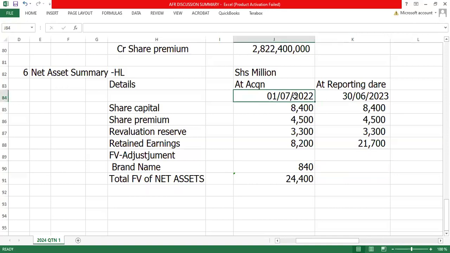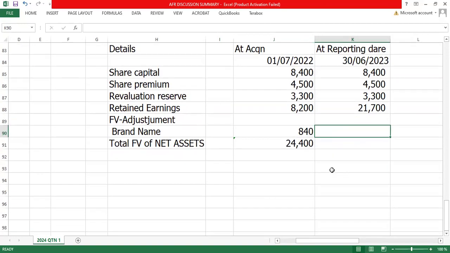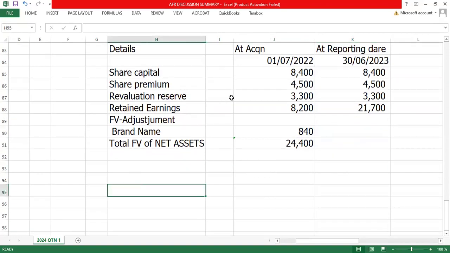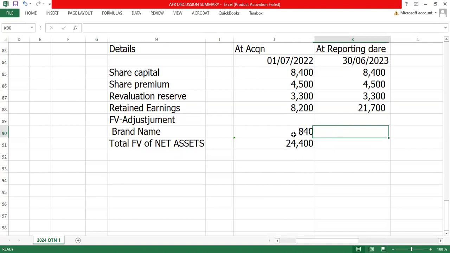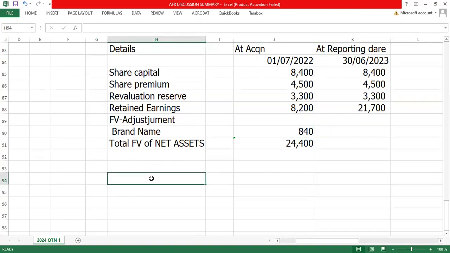But as you get the figure here, because this was as at 1st July 2022, you need the value of the brand name as at 30th June. You have to amortize. Isn't it, guys? You have to amortize by this date. It is no longer this figure. So you need the carrying value of the brand name.